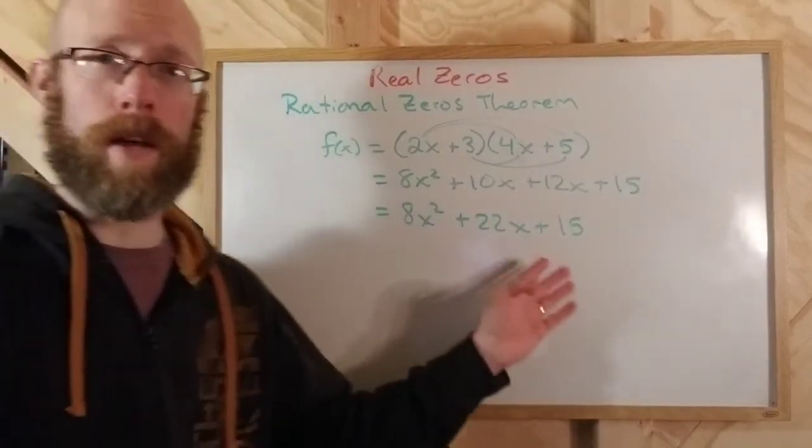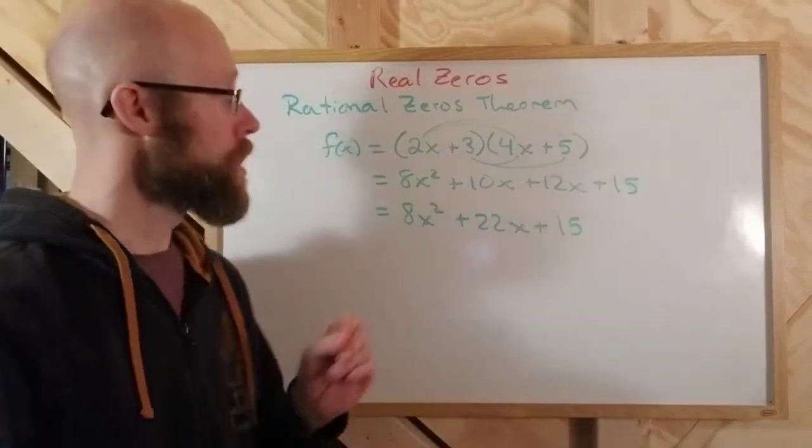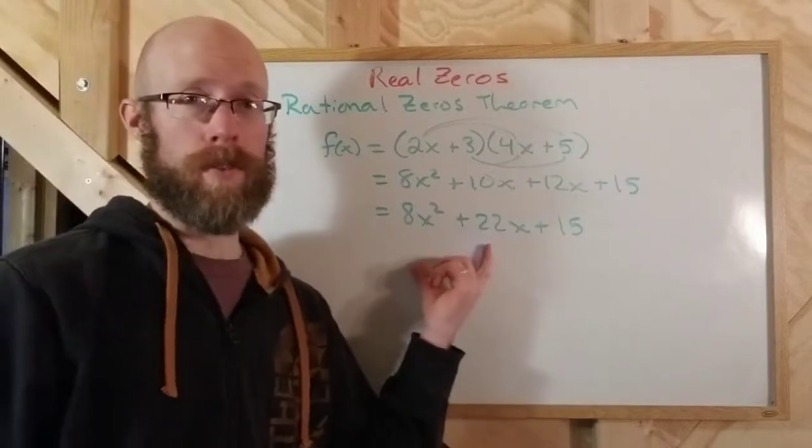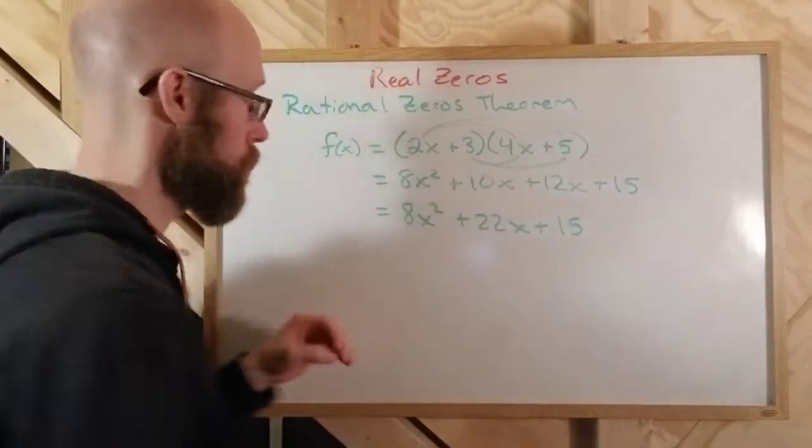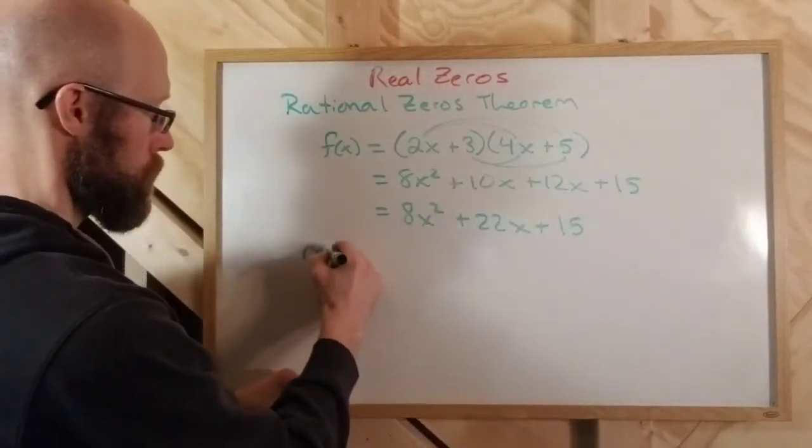That's the expanded form. But if I want to find the real zeros, I go back to the factored form.